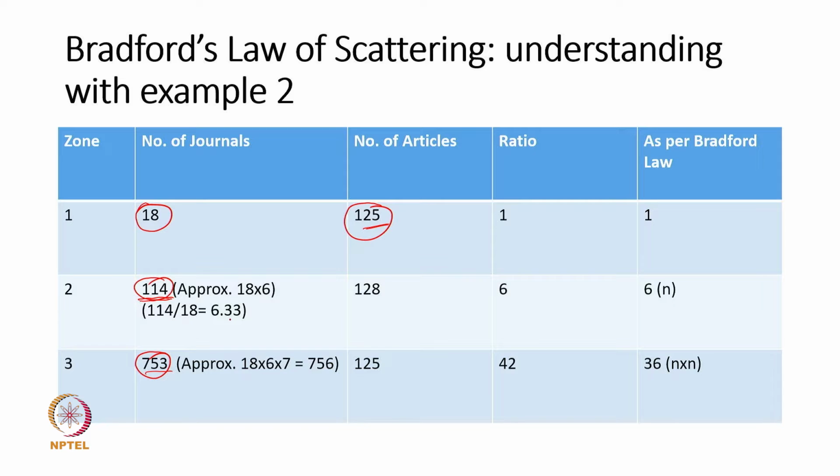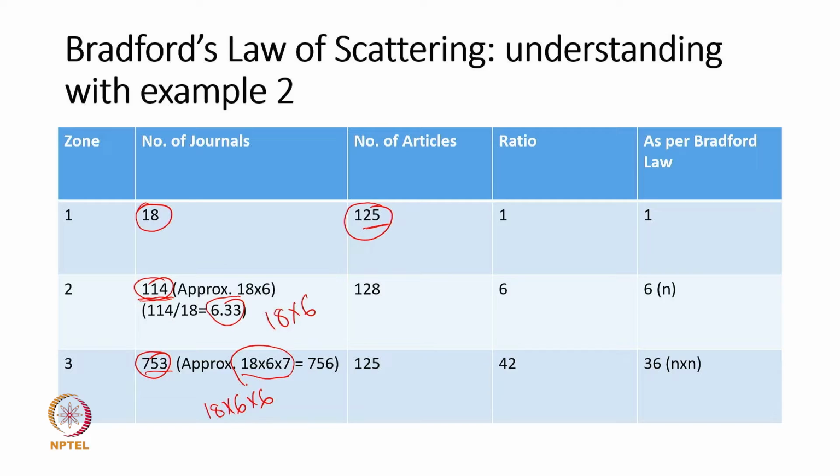114 divided by 18 is equal to 6.33. That means as per the Bradford multiplier, it should be 18 into 6, but in actual it's 6.33. Similarly, the next would be 18 into 6 into 6, but it's approximately 18 into 6 into 7.